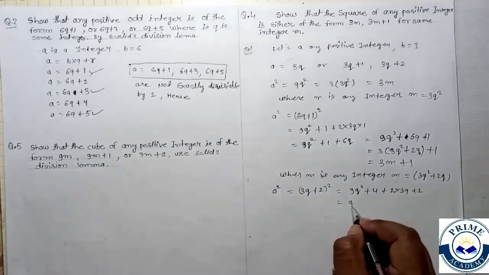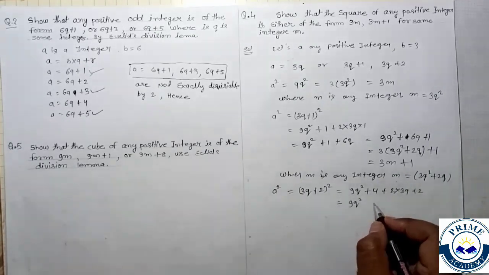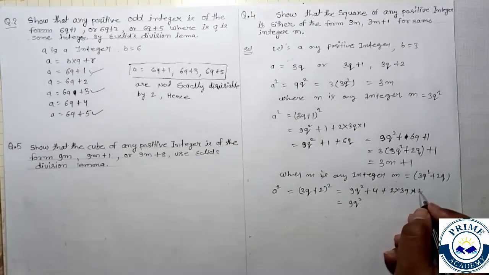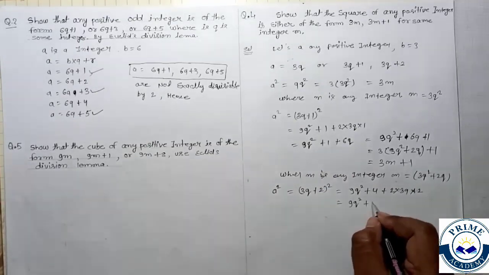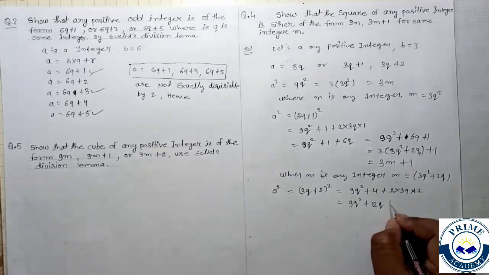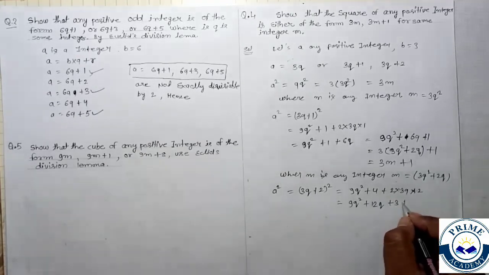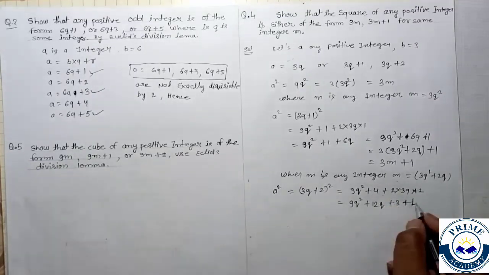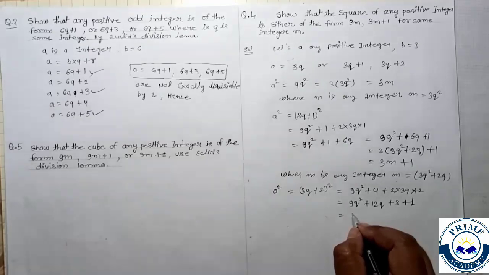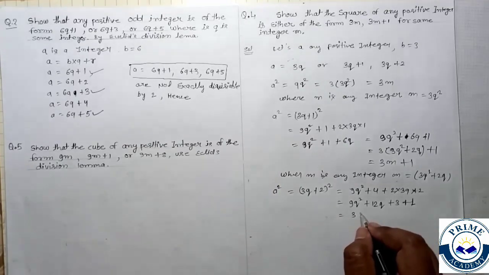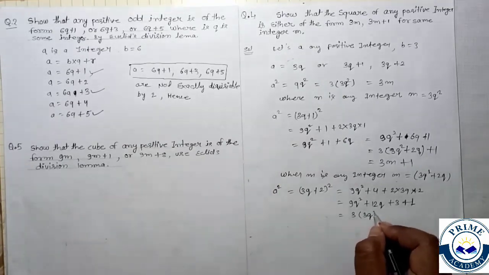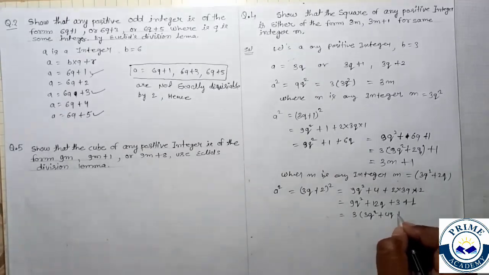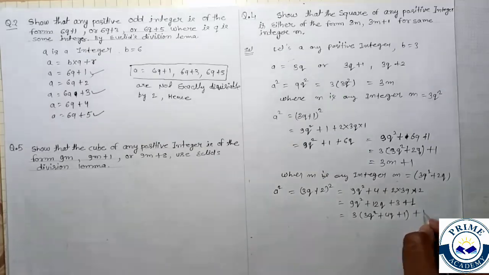So simply you can write 9q square plus 12q plus 4, and I can split 4 as 3 plus 1. By taking 3 common, this will be 3 into 3q square plus 4q plus 1, and 1 remains.